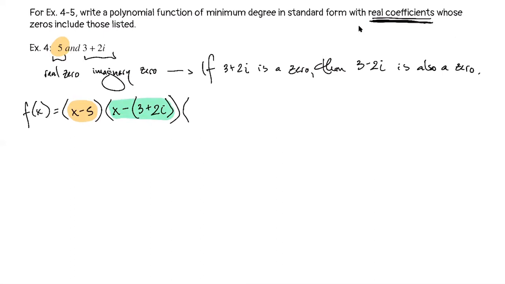So if we use that same reasoning, if 3 minus 2i is a 0, what is the factor that goes with 3 minus 2i?